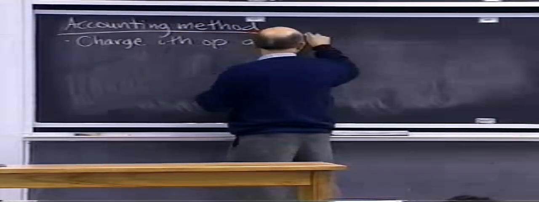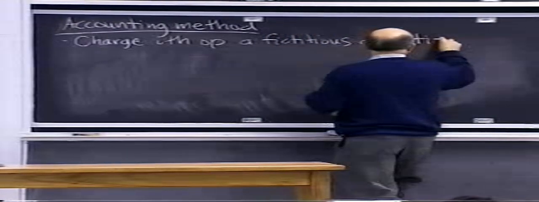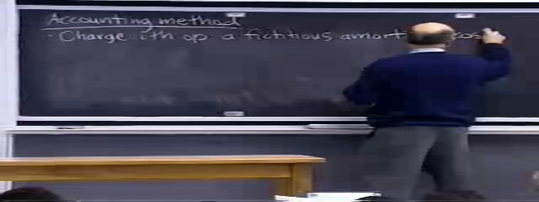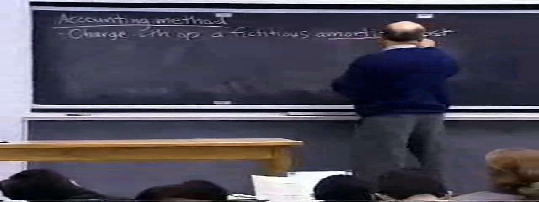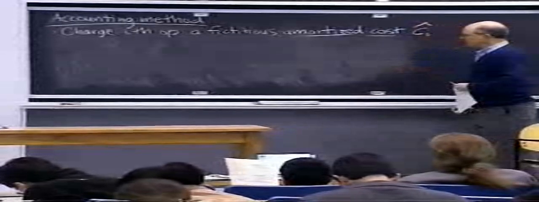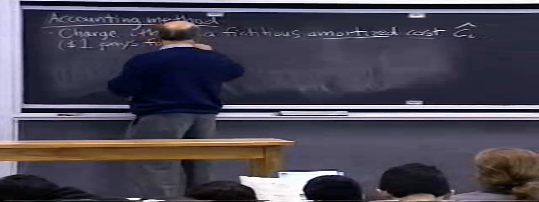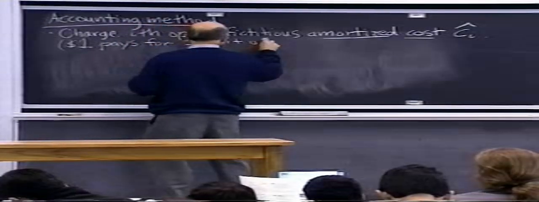We'll charge the ith operation a fictitious amortized cost, C sub i hat, where $1 pays for 1 unit of work.